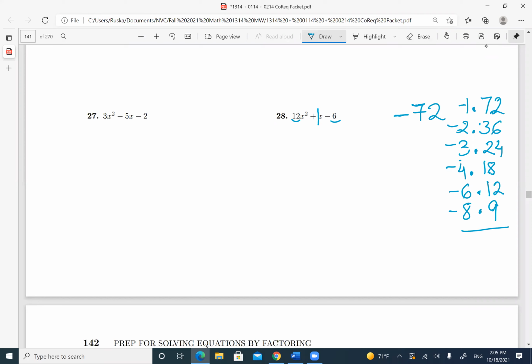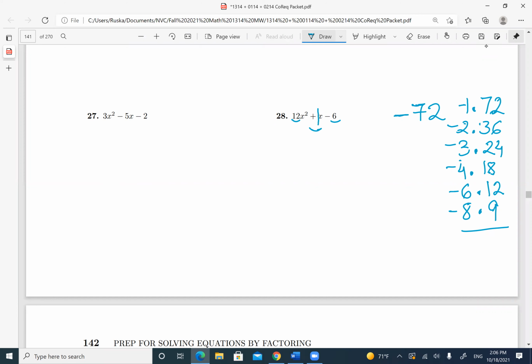These are all the factors which give you 72. The smaller number has to be negative and the bigger has to be positive, because when you add positive and negative, you find the difference between them and keep the sign of the bigger number. Because we have positive 1 in the middle, we have to have the bigger number positive.